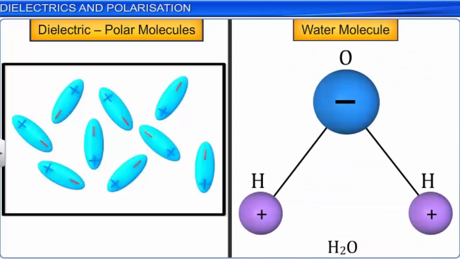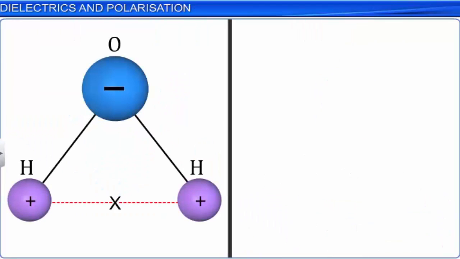In a water molecule, the center of the negative charge is at the oxygen ion, since it is the negatively charged ion, and the center of the positive charge is at the midpoint of the line joining the two positively charged hydrogen ions. These average positions of the positive and negative charges act as point charges, and hence the polar molecule behaves as a permanent electric dipole.